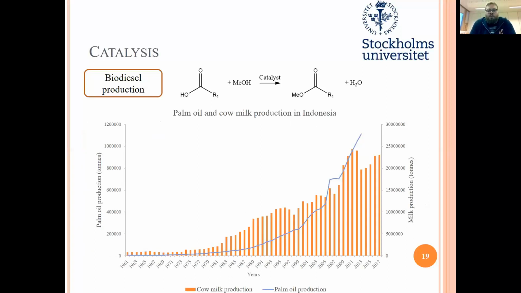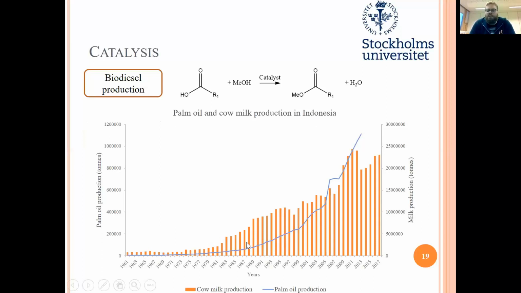And as to why we want to use milk to produce a catalyst to be used in biodiesel production, we can see in this graph palm oil production, which is one of the oils that can be used for this transesterification reaction. One of the main importers and producers of palm oil is countries in South Asia, mainly Indonesia.